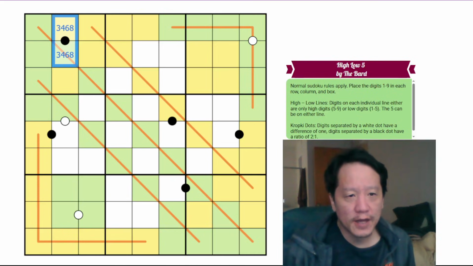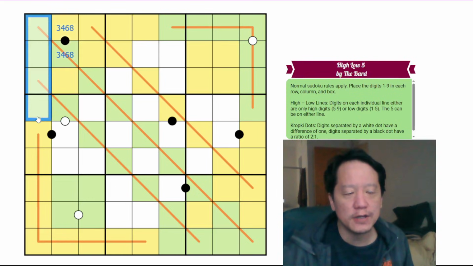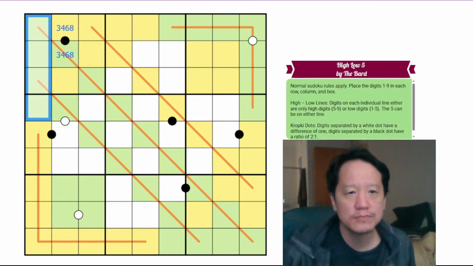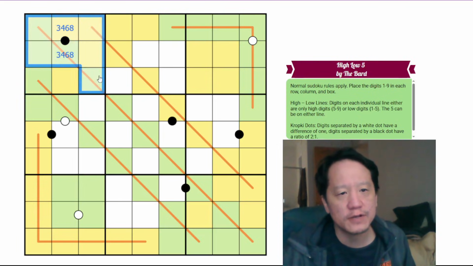So we know that. We know 5 cannot be in column 1. So these are either 6 through 9 or 1 through 4. So where is 5 in box 1? We know 5 is part of the green set here because all of these must be green.